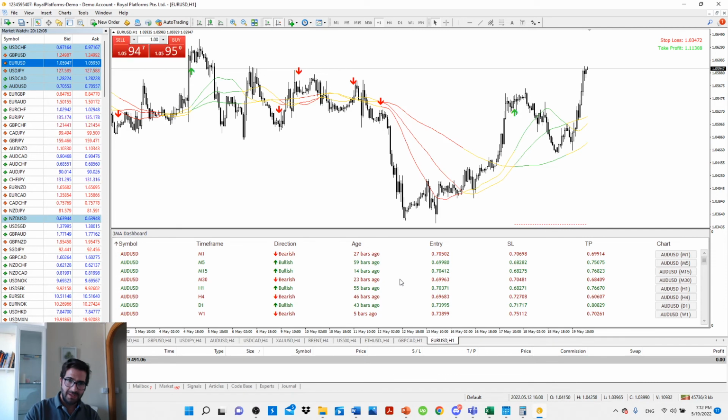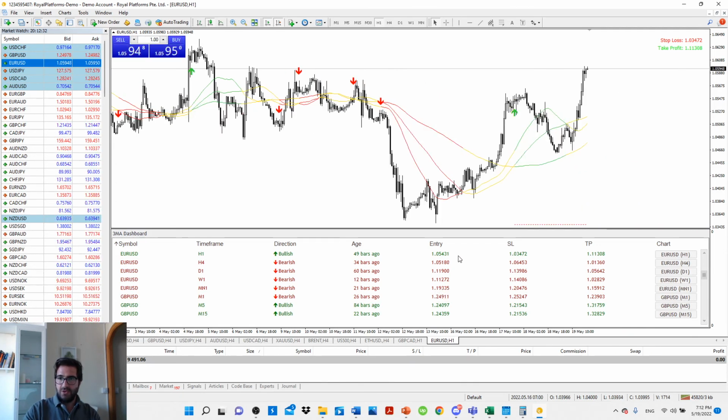So it gives you a clear indication where to enter, when to go out, whether to the stop loss or to take profit. So if I scroll down, you can see, let's say Euro USD on the weekly, it's bearish, and this was given 12 bars ago. This signals to sell by 12 bars ago.